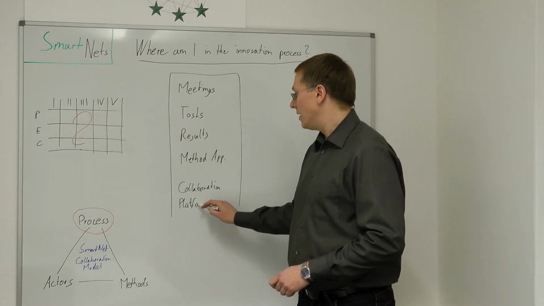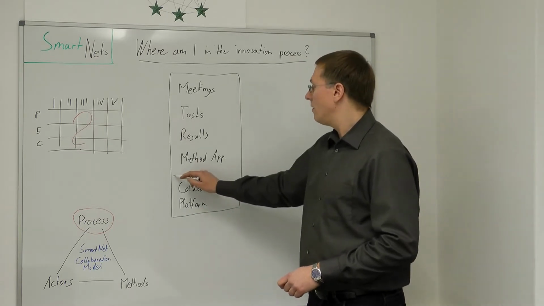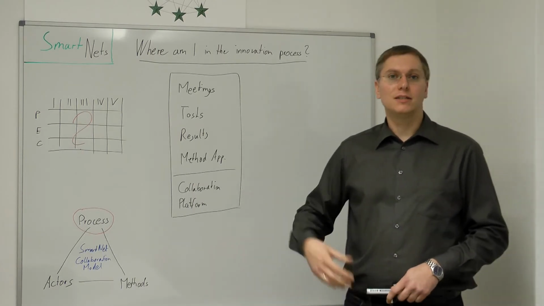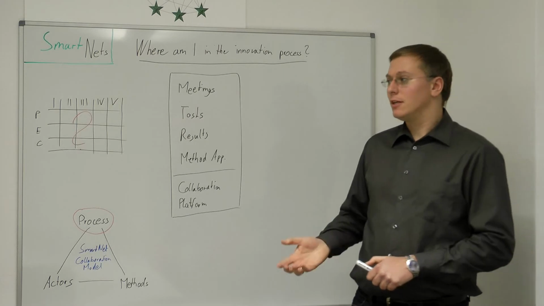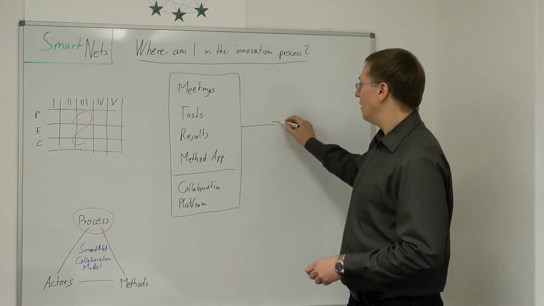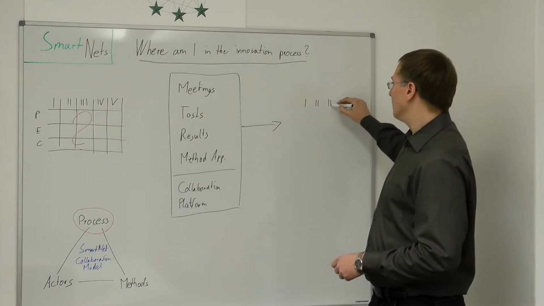It is able to extract information from all these types. So it can take information from the meetings or from the results. And what it does actually is it maps this stuff to the SmartNet Navigator, as we call it.